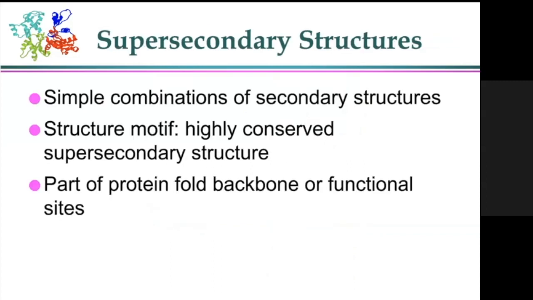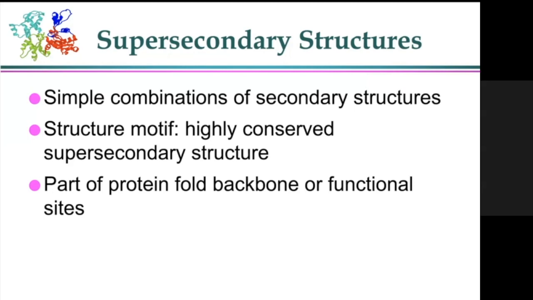One step towards better understanding structure is the so-called supersecondary structure. We know we have the secondary structures, alpha helix and beta strand, but they form some kind of special combination, sometimes called a motif.